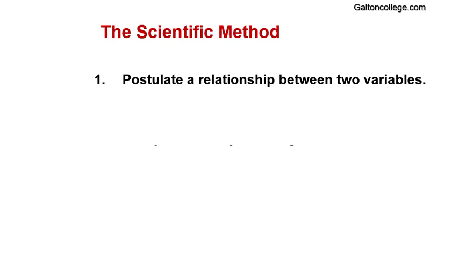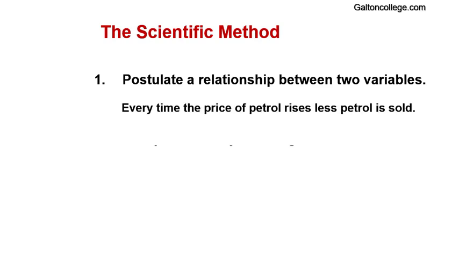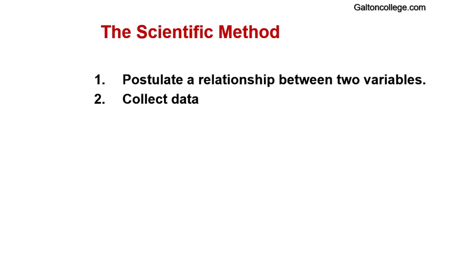And economists do the same thing. We look at relationships, and out of the relationships we try to work out general rules, general propositions. So let's say we look and say every time the price of petrol rises, less petrol is sold. That seems reasonable. The price of petrol goes up, less petrol will be sold. Every time. Problem is, how do we know this? Well, what we'd probably do is collect some data.